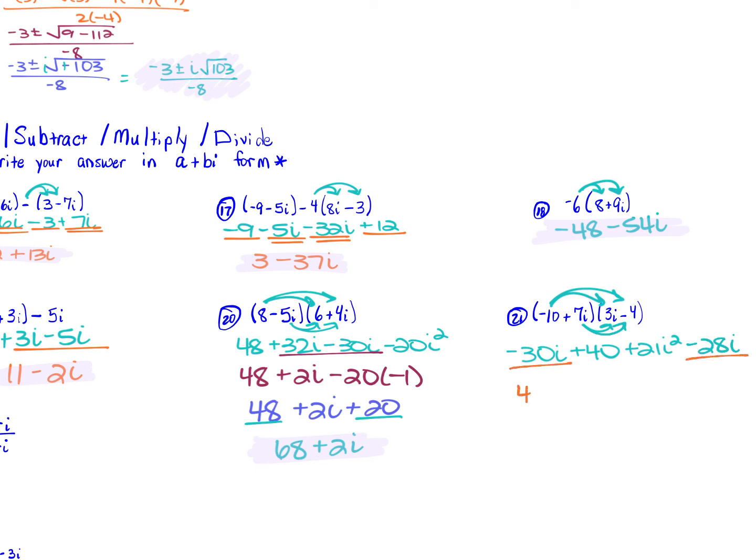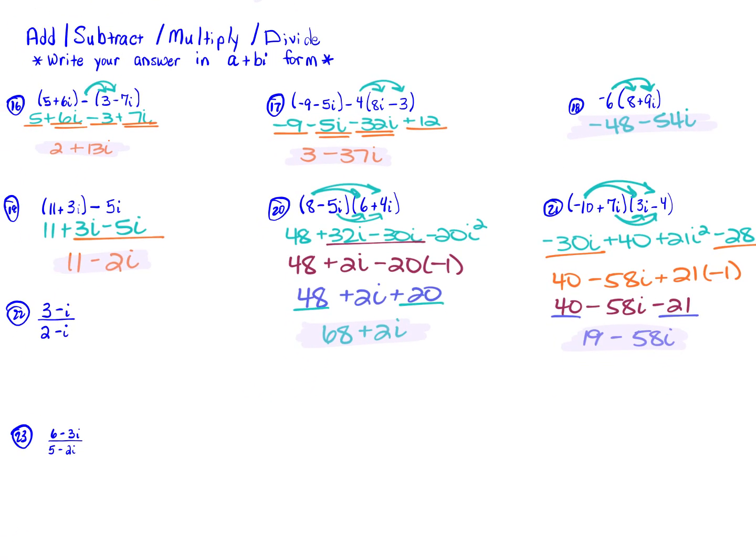So that gives us 40 minus 58I plus 21I squared. So that's 21 times negative 1. From here, you're going to get 40 minus 58I minus 21. Combine your like terms. The 40 minus 21 gives us 19 minus 58I. And then again, make sure that it's in A plus BI form.